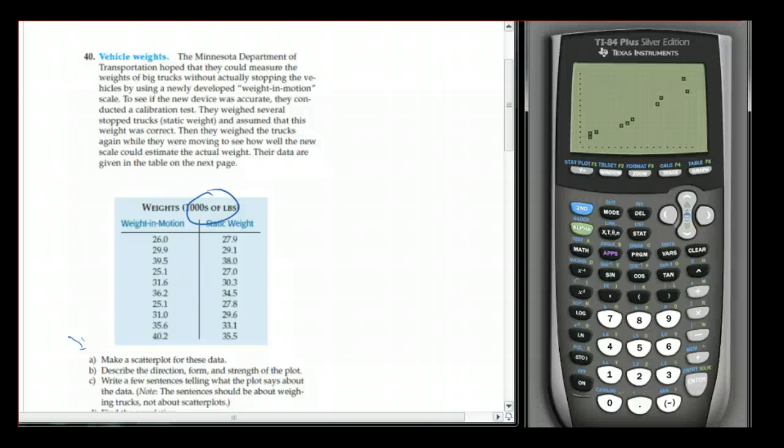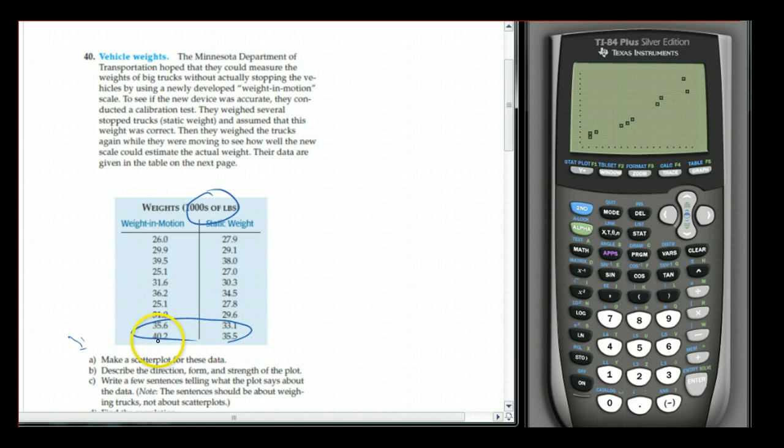Maybe we can look at the individual data here, and look at the overall pattern. What I do see is that the last 2 points vary quite a bit from that linear pattern, right? If I look at my table, the static weight is 33 here, and then I have 35, and then 35.